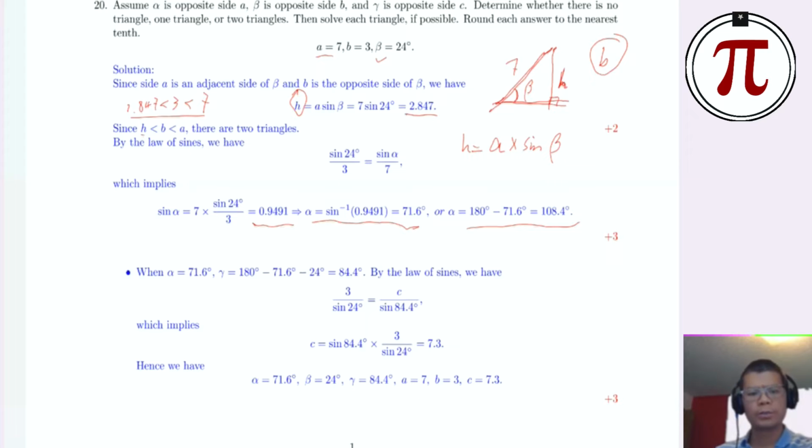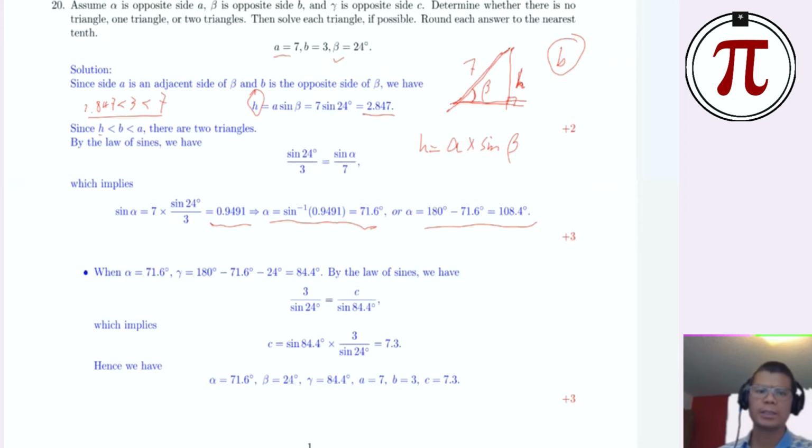Now, there are two situations. When alpha is 71.6 degrees, we can find gamma is 84.4. By law of sines, we find C equals 7.3. Therefore, we have alpha, beta, gamma, A, B, and C. Of course, this is the first situation, when alpha is 71.6 degrees. Does that make sense?